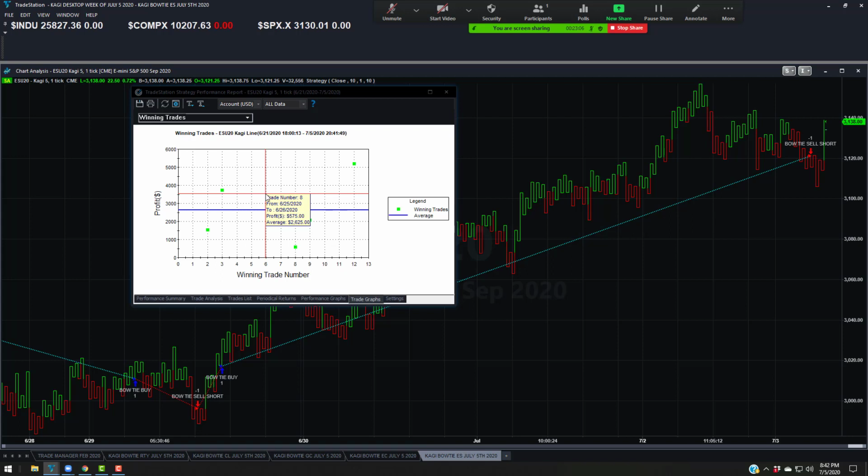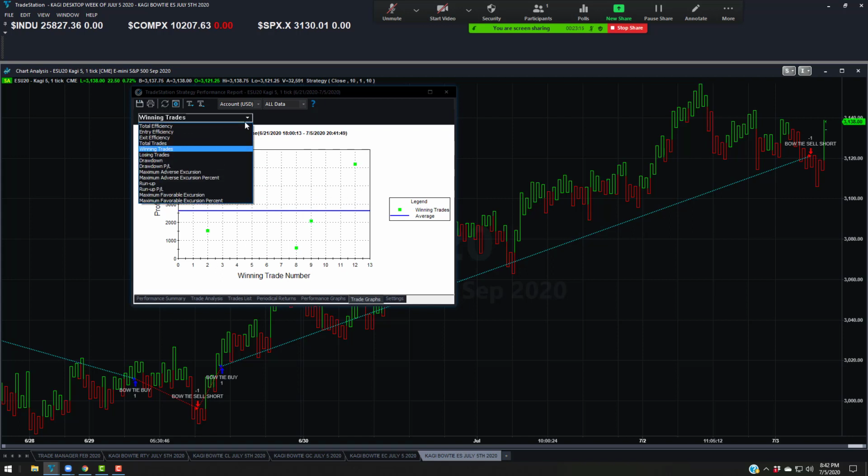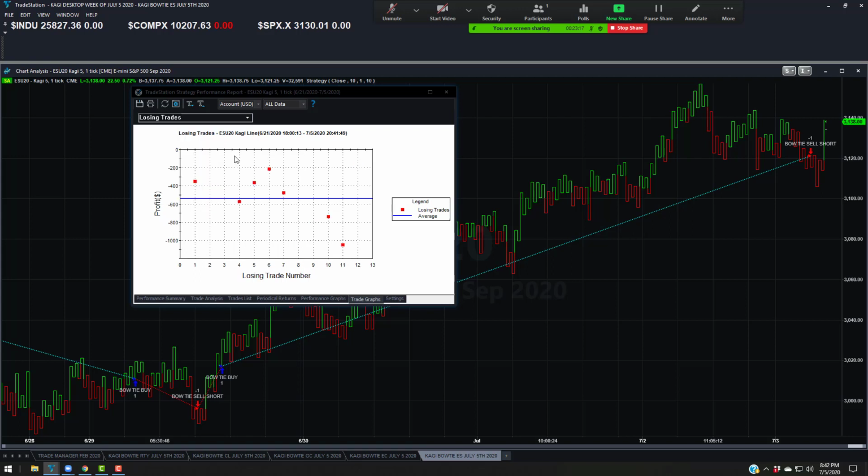The average winning trade, this is with a 5-point ES. The average is 2,625. The average losing trade is 537. This is a 5-point Kagi. We might knock that down a little bit.